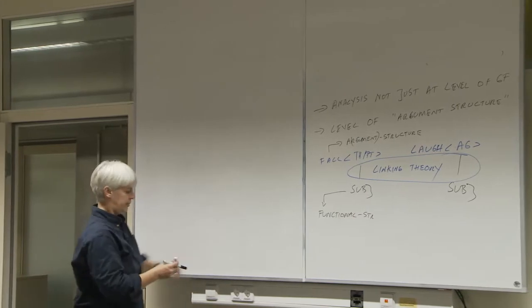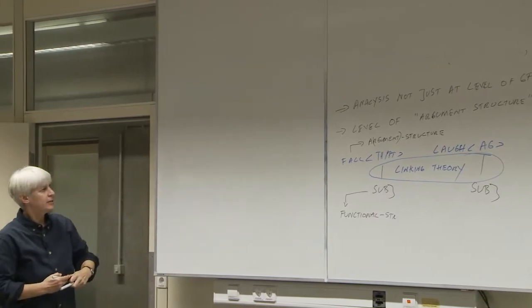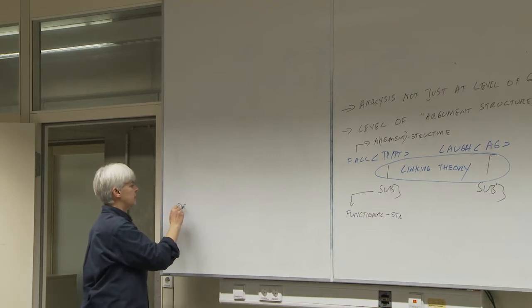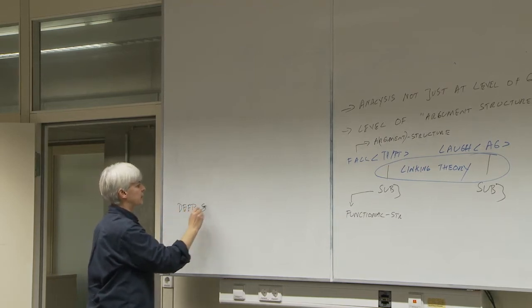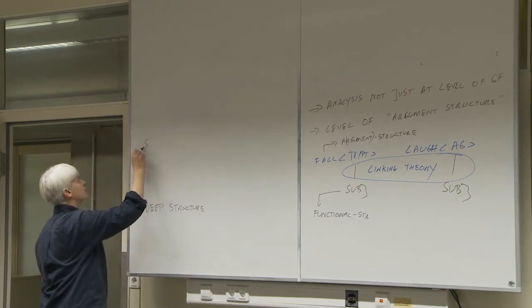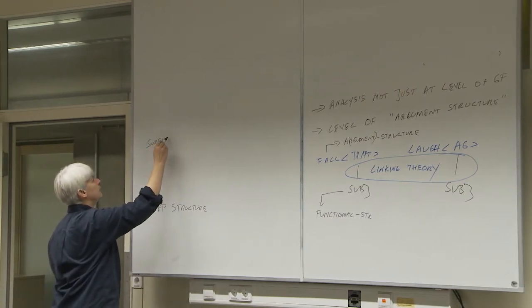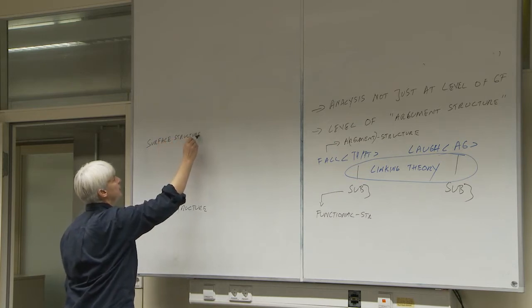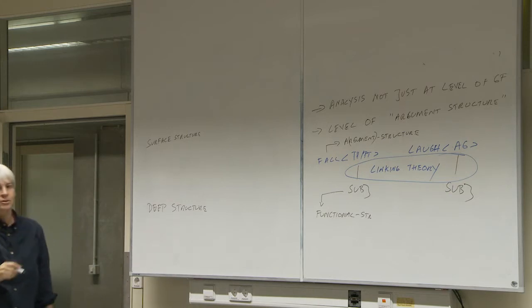So the Chomskyan take has been, this is what used to be the case, something called deep structure, and then something called surface structure. You went from a deep structure type tree to a surface structure type tree.